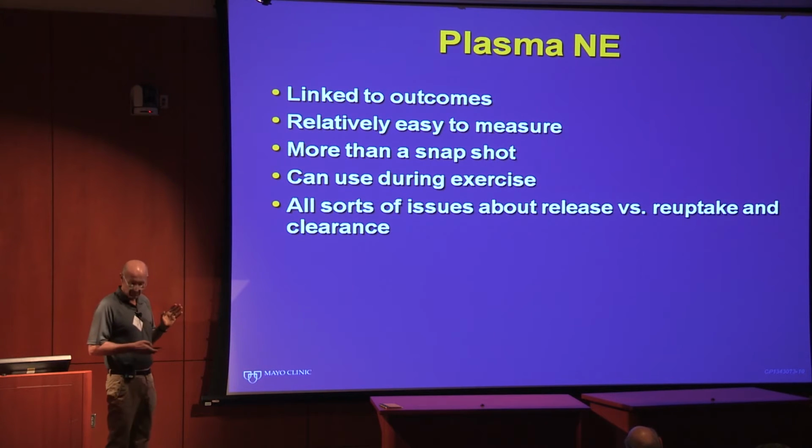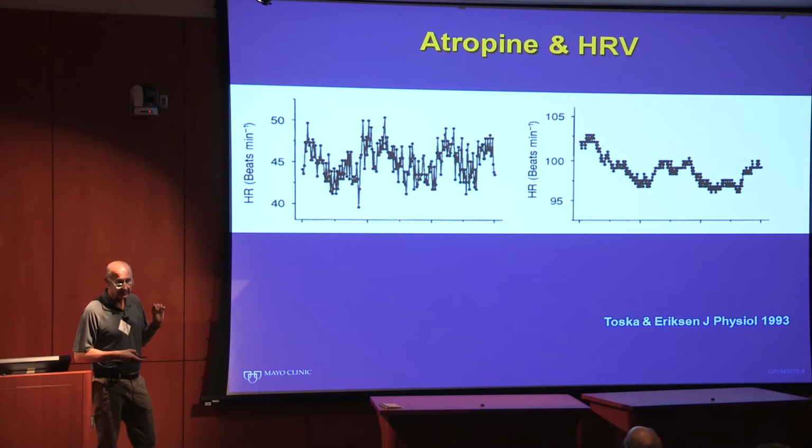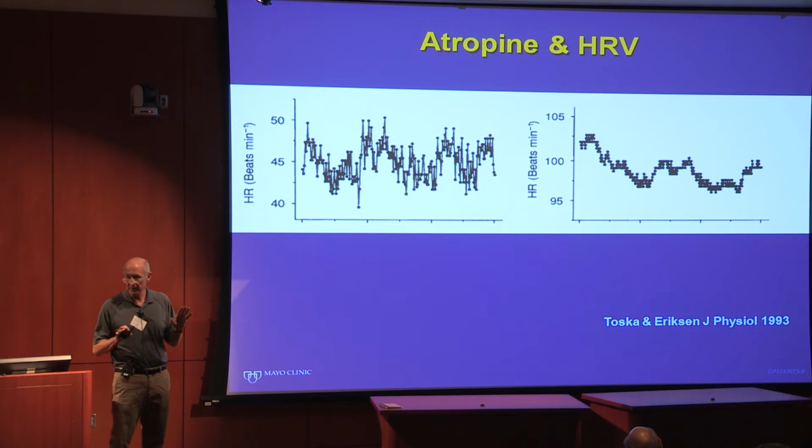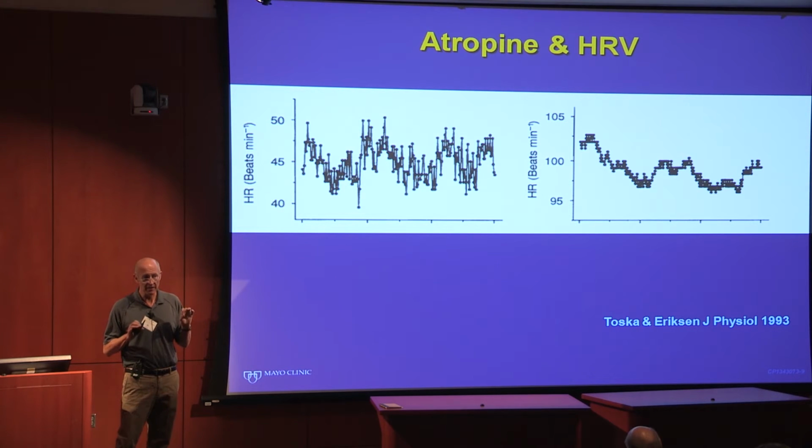So I think the first thing you can say from that is that heart rate at rest is primarily under parasympathetic control. All indices of heart rate variability primarily tell you about vagal control of heart rate, power spectral analysis, and all sorts of other things.